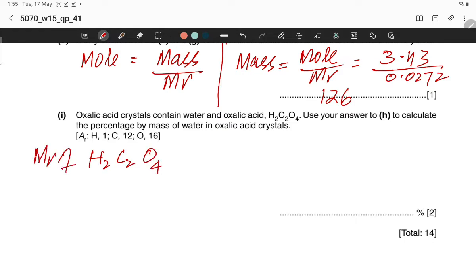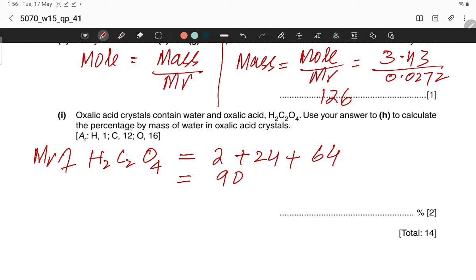Mr of H2C2O4 is equal to hydrogen 2 plus 24 plus 16, 4s are 16 multiplied by 4 is equal to 64. So this is equal to 64 plus 24 plus 2 is equal to 90.